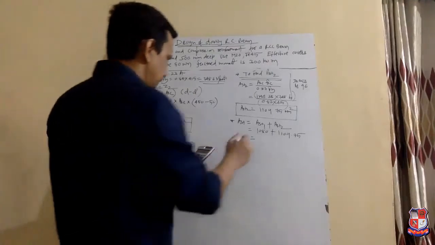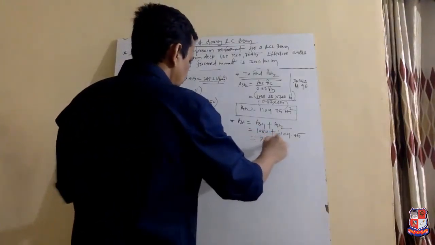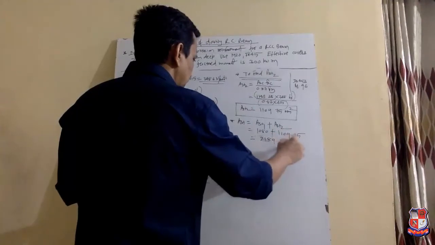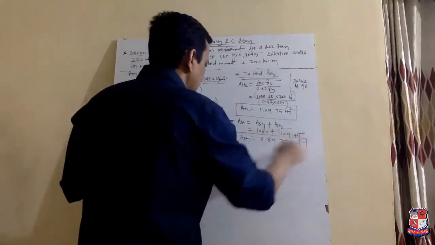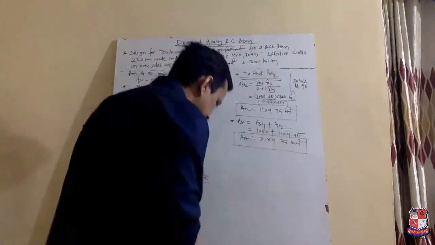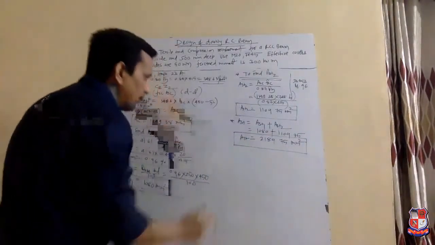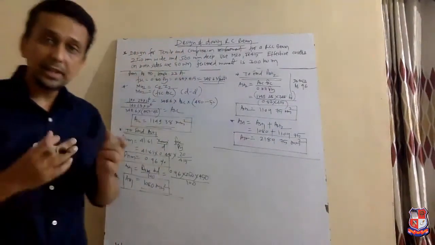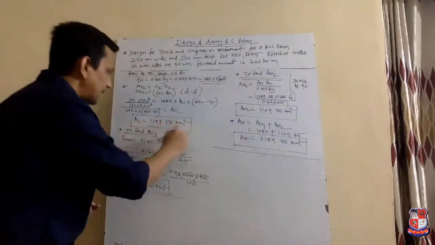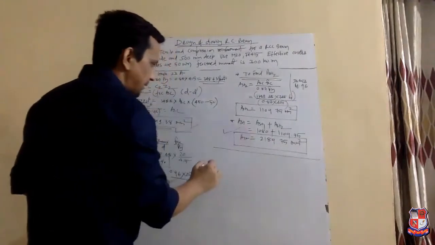So it comes to 2189.75 mm square. This is the AST. Now finally, we need to provide the reinforcement for ASC and this AST.